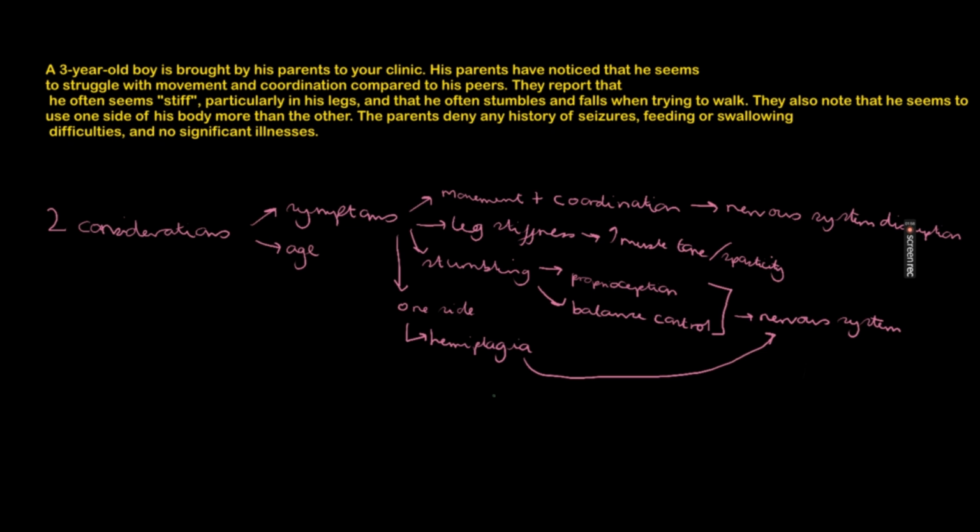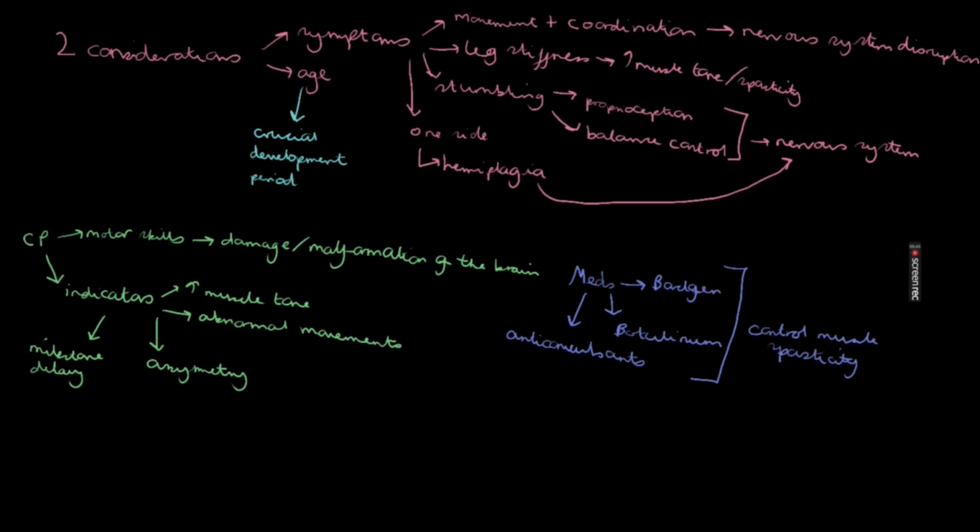So now that we've looked at the symptoms, let's look at the second major consideration in this clinical scenario, which is the age. Now, this is an important factor to consider because symptoms of cerebral palsy often become noticeable during the first few years of a child's life, typically by the age of 3.